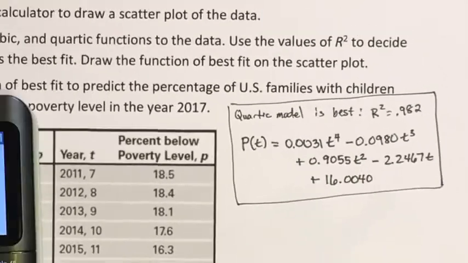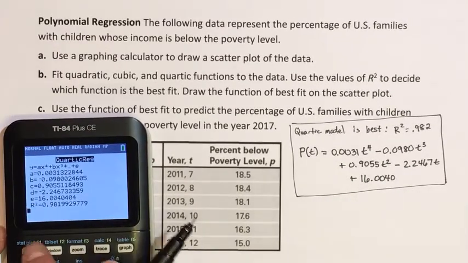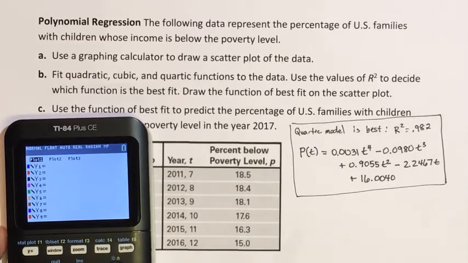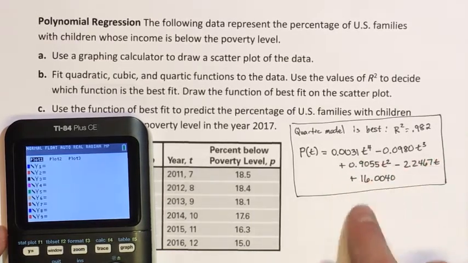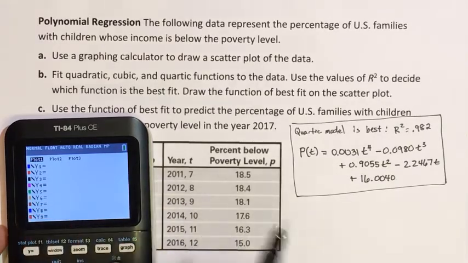Now we want to draw this to see how well it fits. If I go to Y equals, now I could paste this in, but I'm just going to type it in. I'm going to use the letter x instead of t on my calculator. And I'm going to use Y2 because it's set to be red, and I want to see the contrast.